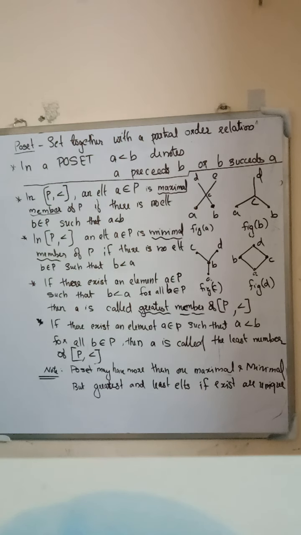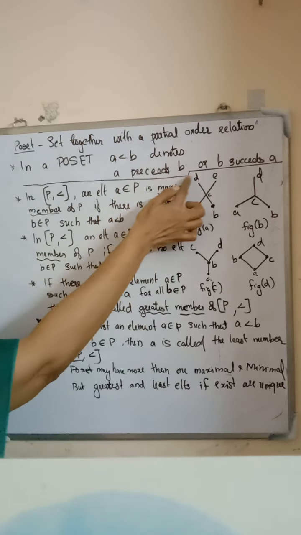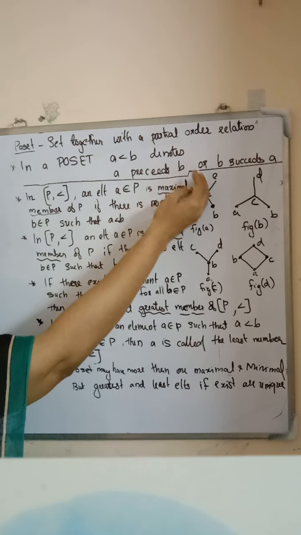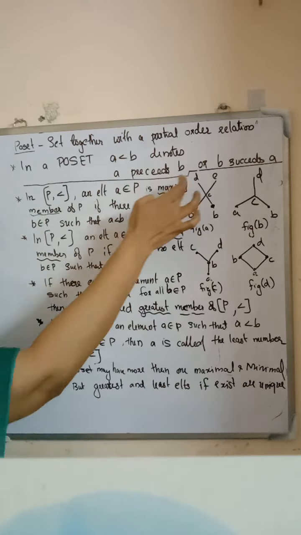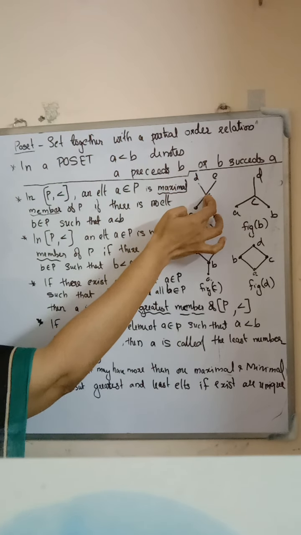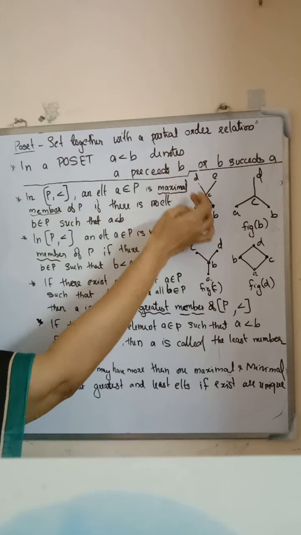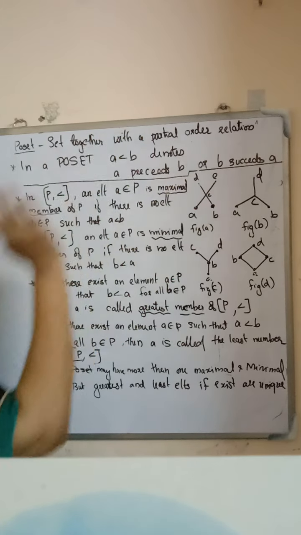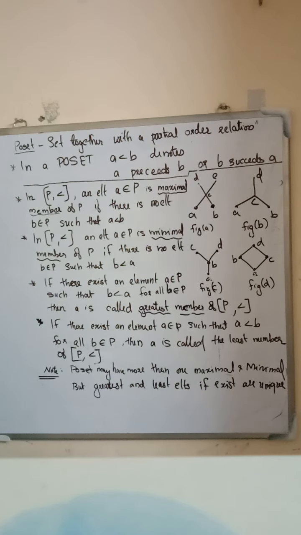We couldn't find a greatest member. Greatest member means if we choose D, all other elements in P are less than that D. Here, consider the element D: C, A, B are less than that element, but E is not comparable with D. So we couldn't say that D is the greatest member.